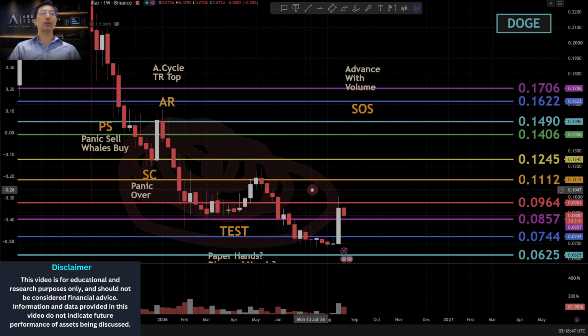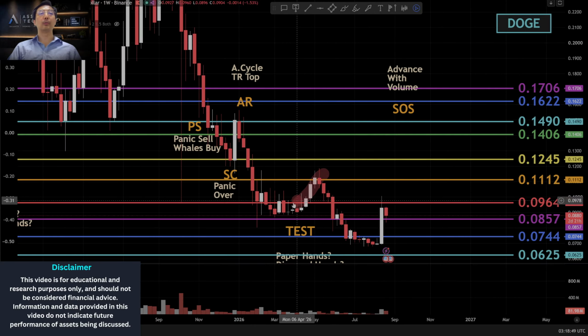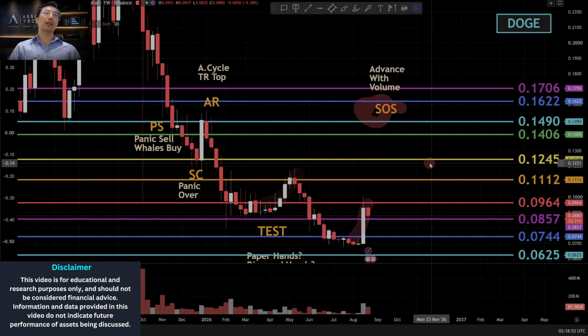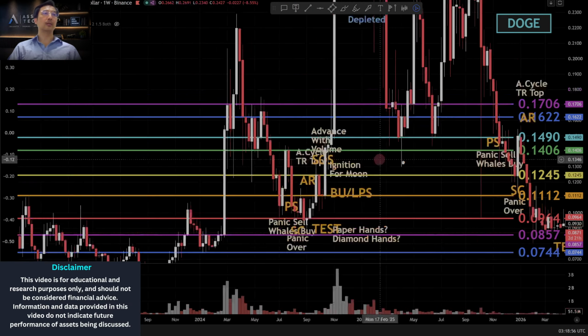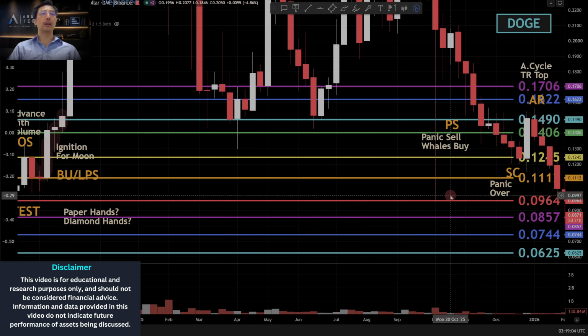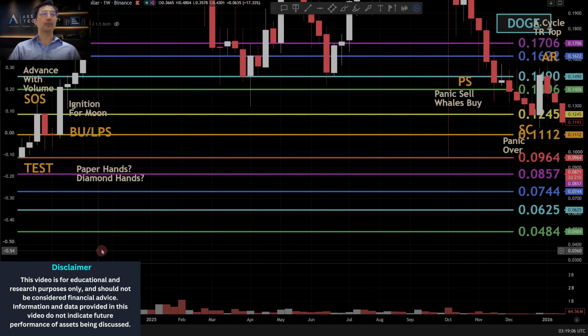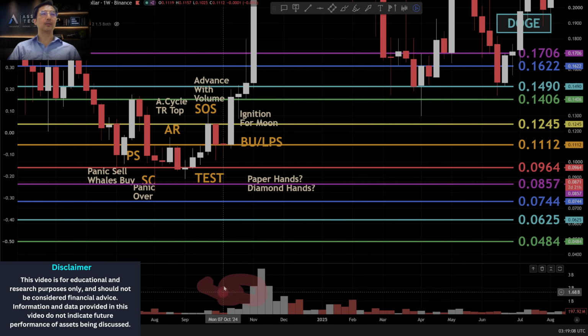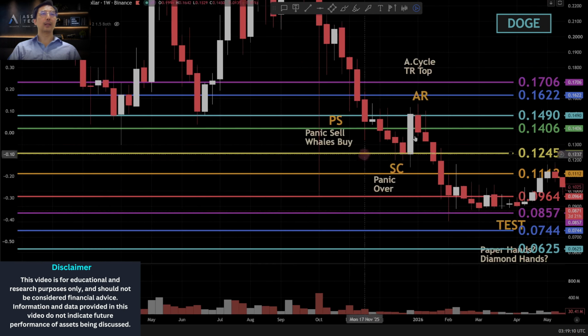And the late stage of accumulation is not to celebrate too early when there are spikes. We want to see the sign of strength come in, and better still, after the sign of strength, some sideways accumulation, and then it continues to climb higher with increased volume. That's the key.